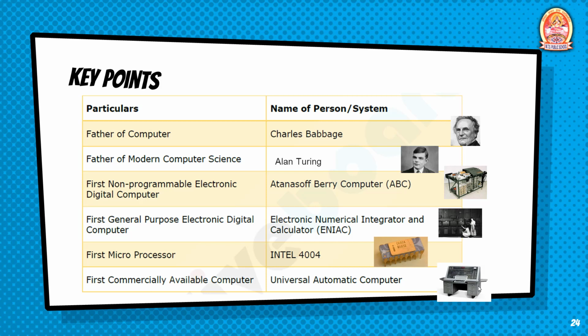First general purpose electronic digital computer, Electronic Numerical Integrator and Calculator, that's ENIAC. First microprocessor, Intel 4004. First commercially available computer, UNIVAC or Universal Automatic Computer.